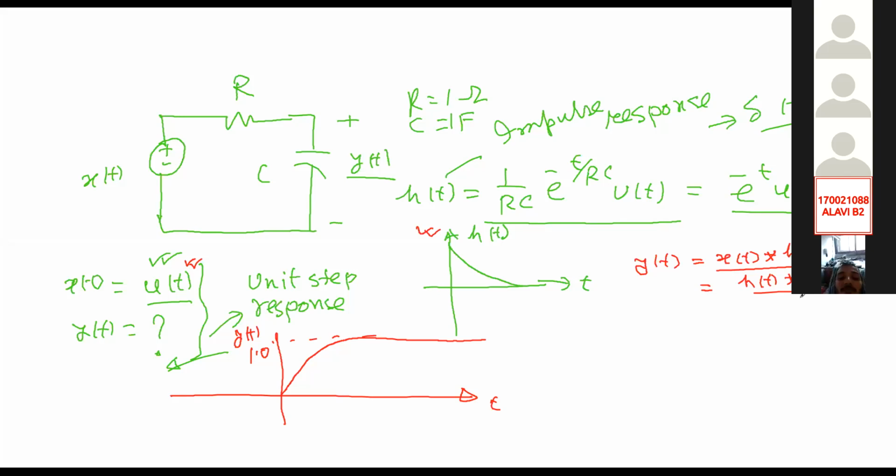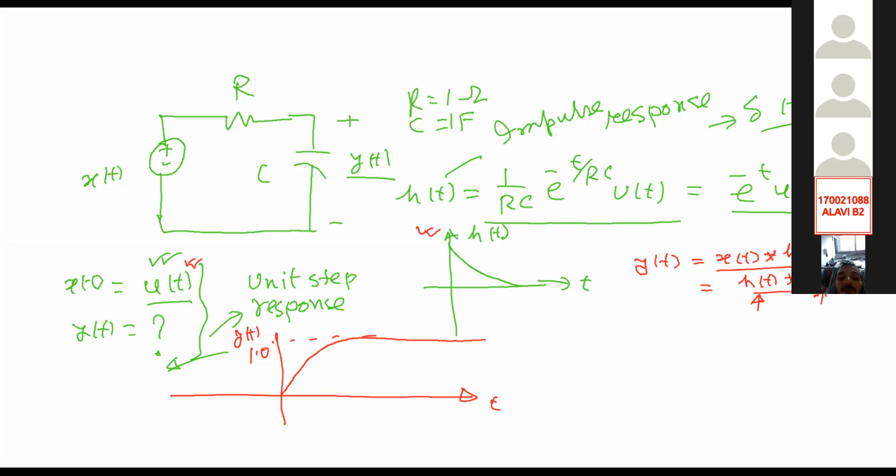Now, why are we doing this? Because of this property, sometimes it will be easier for you to evaluate or understand the thing graphically. You know that h(t) has certain time dependency, and your x(t) will have certain time dependency and amplitude.